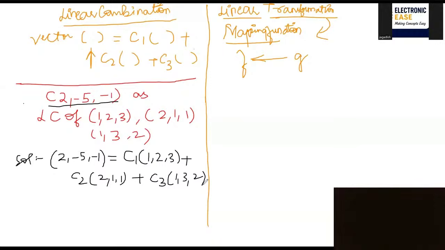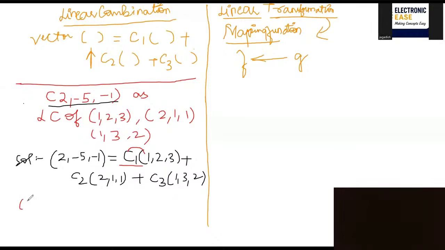Okay students, now what we need to do? We need to multiply the given vectors. Whatever this first row you have, you need to make it as one vector.